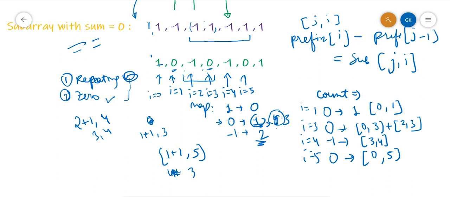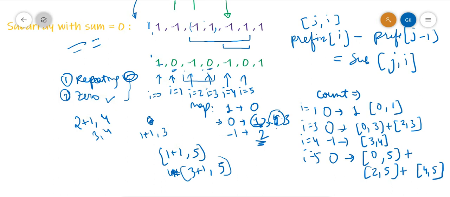From 3 plus 1 till our current index, from this to this, there exists a subarray. So I equal to 5 is contributing 2 to 5 plus 4 to 5, and then we will proceed to I equal to 6.